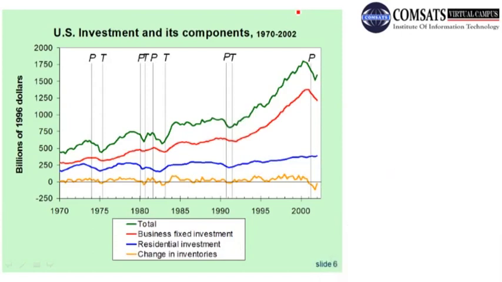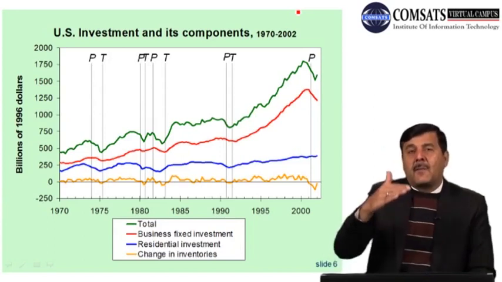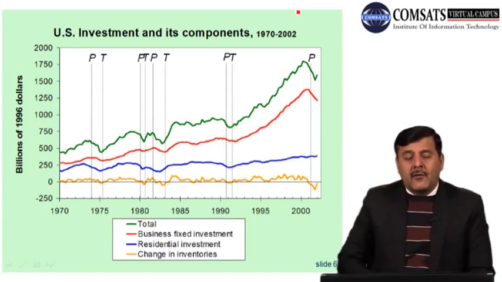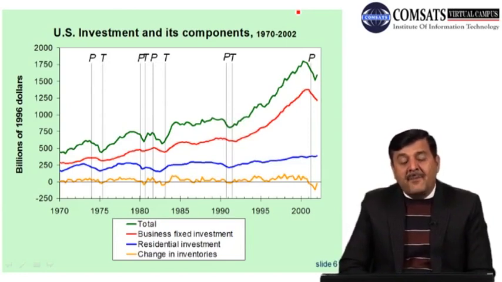Now P is used here for peak and T is for trough, pushing down. When there is a peak in total investment, you can see that each type of investment is also at its peak.